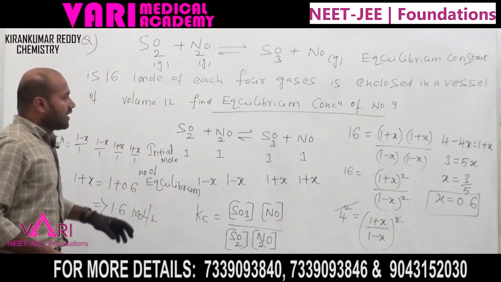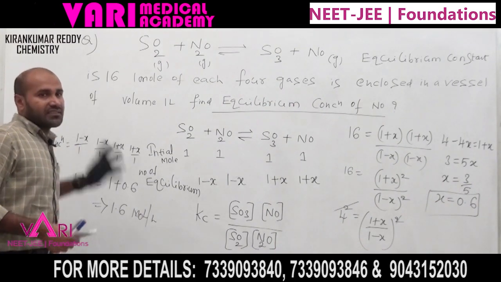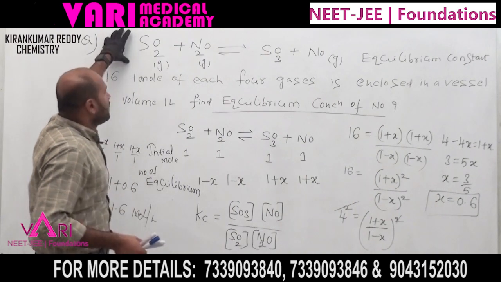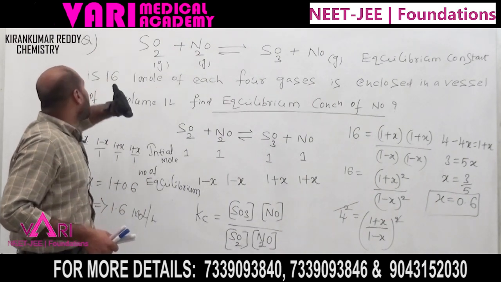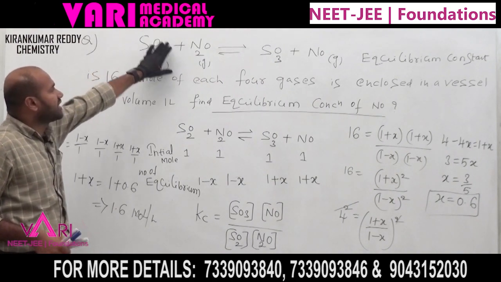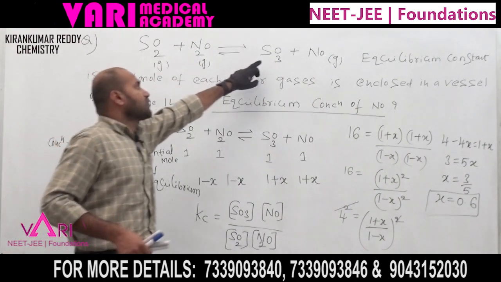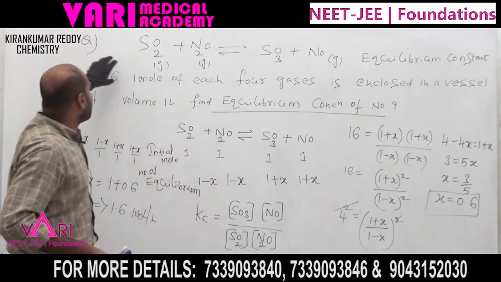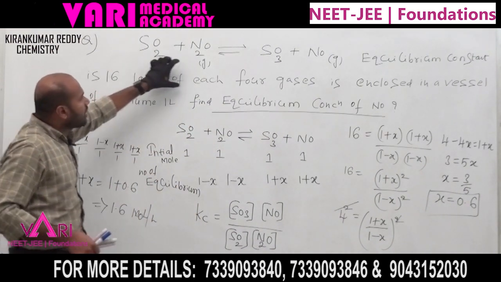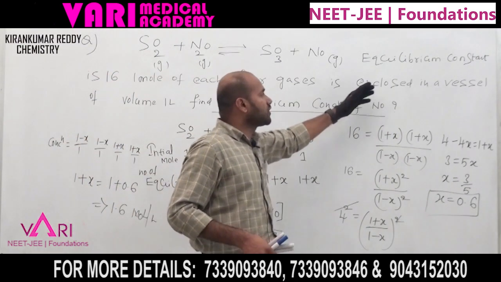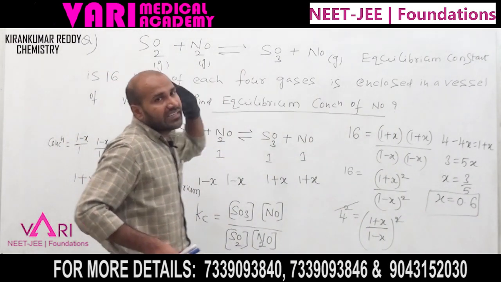Okay, this is a very important question asked in equilibrium. Once again, the equilibrium constant is 16. The reaction is SO2 plus N2O gives rise to SO3 plus NO. 1 mole of each of the 4 gases is enclosed in a vessel of 1 liter.